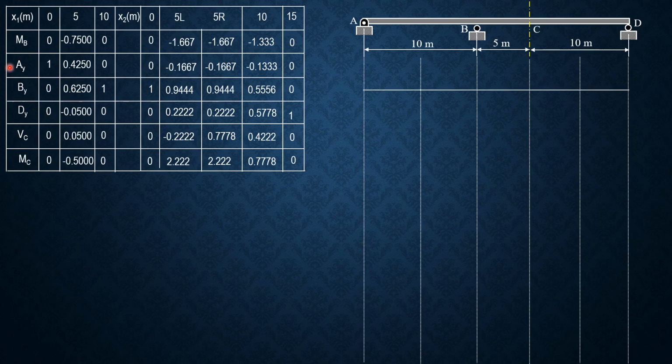So first for AY, it begins with 1, then 0.425, 0, negative 0.1667, negative 0.1333, then 0. So that's the influence line for AY. Next for BY, it begins with 0, then 0.625, 1, then 0.9444, 0.5556, then 0.